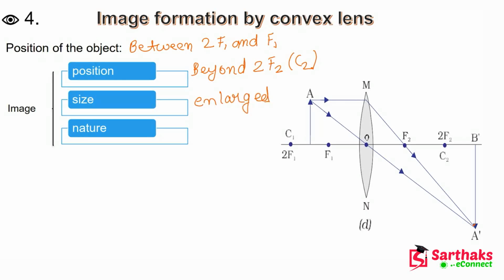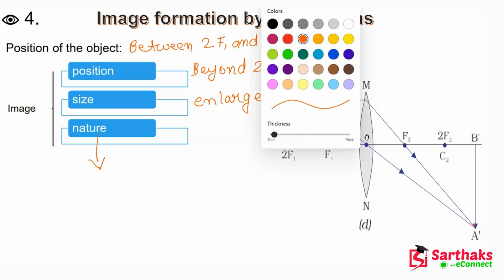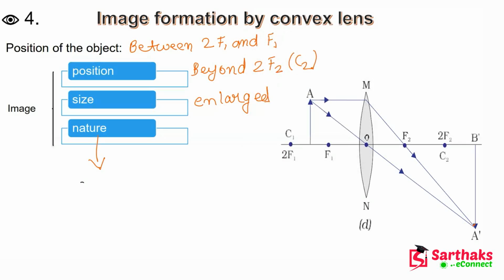Why is the size enlarged? Because you can simply see in this picture that the object size is smaller than the image size. That's why the image formed is enlarged, or larger than the object. Now again, let's talk about nature. You tell me what is the nature. Here in this case, the nature of the image is real and inverted.